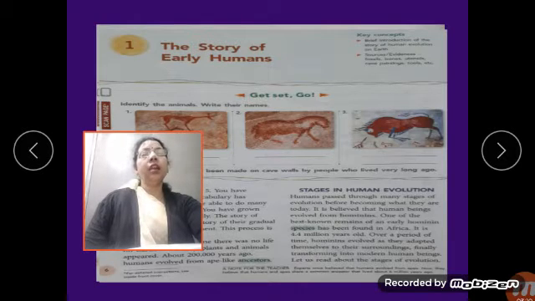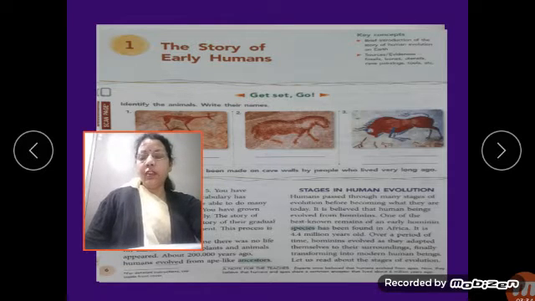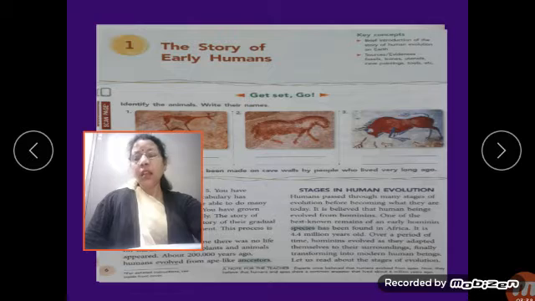It depends on the time, okay? Like 2 lakh years ago, they were different. Then after that, when it was 14,000 years ago, it was quite different. So this is the difference we find in the life of early men also. The story of early humans is the story of their gradual growth and development.